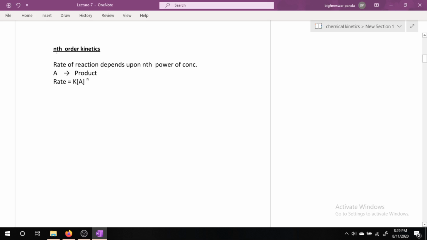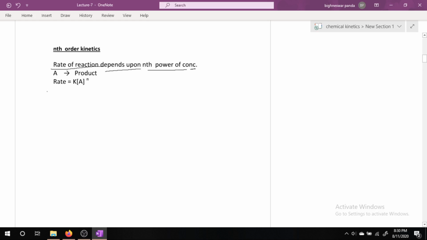So nth order kinetics may be defined as: reactions in which the rate depends upon the nth power of concentration are called nth order kinetics. Let us consider the reaction A gives rise to product, and the rate is equal to K into A power n.